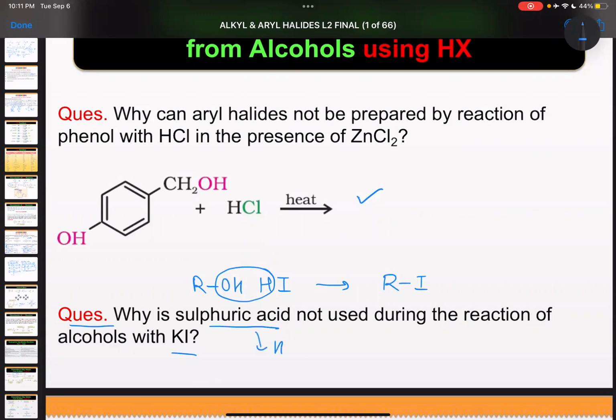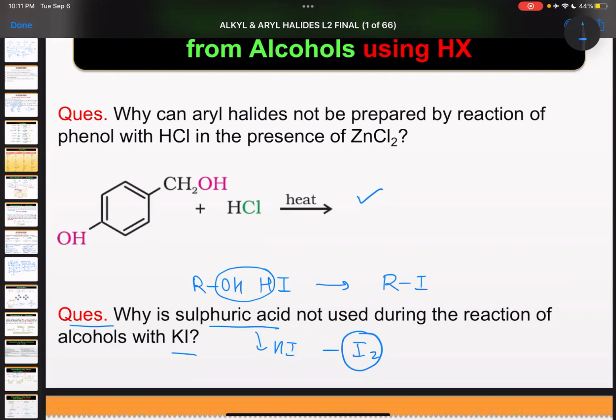But if you have sulfuric acid, the sulfuric acid oxidizes it very quickly to I2. So I2 is of no use. We wanted HI only. Clear? We want HI to form, but we don't want it to get oxidized.